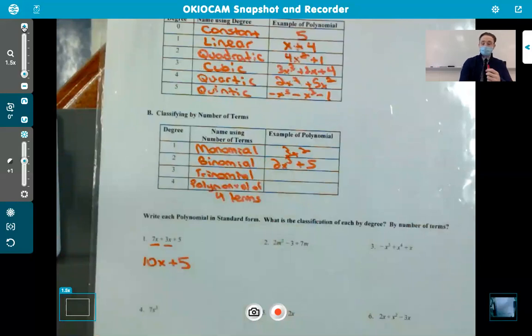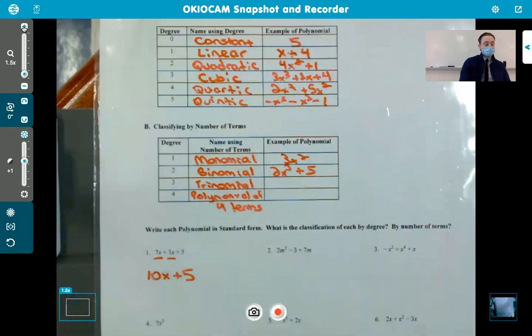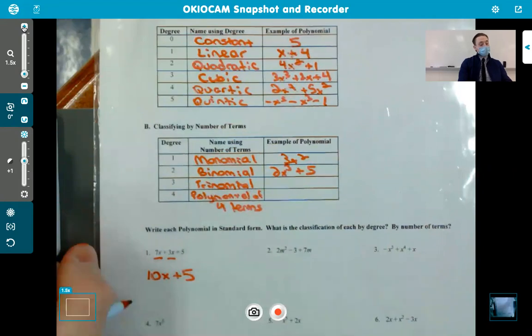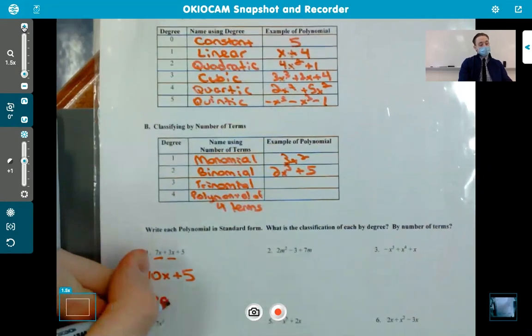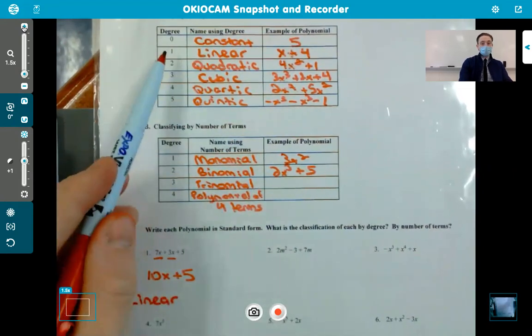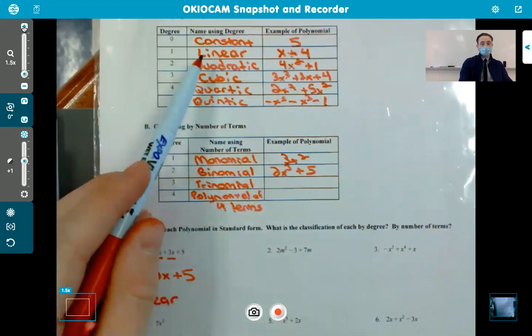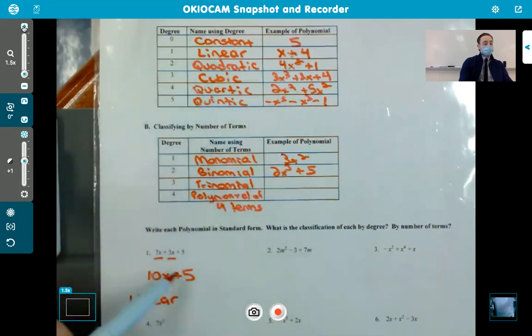Okay. So now what I'm going to do is try and classify that by degree and the number of terms. The highest degree I have here is of first degree, right? That x to the first power. So I know it's going to be linear because that's my first power degree. And it has 2 terms.